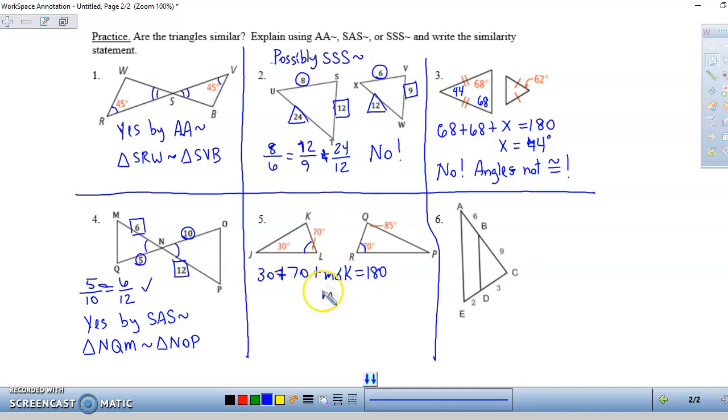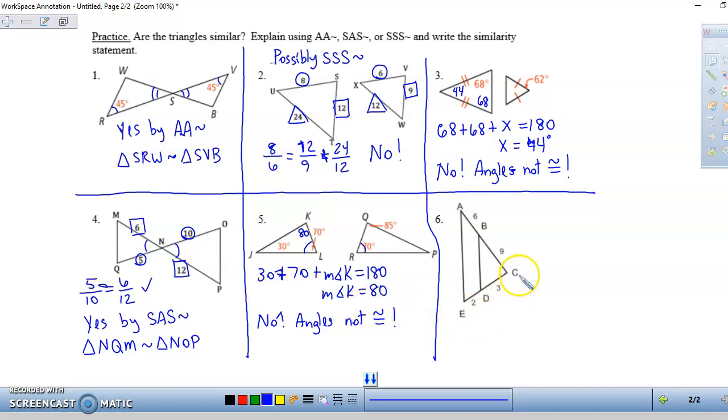Subtract off the 100 and the measure of angle K is 80 degrees. So notice this one's 85. So there's no way that you have an 85-degree angle in this triangle. So this one's a no. Angles not congruent. Angles must be congruent for similarity.